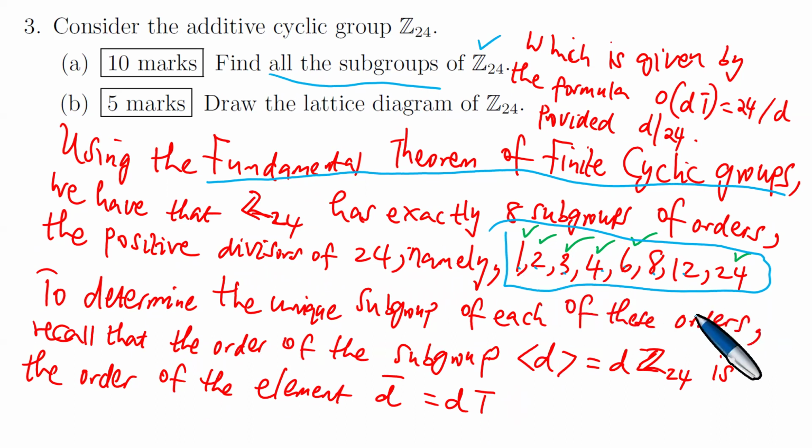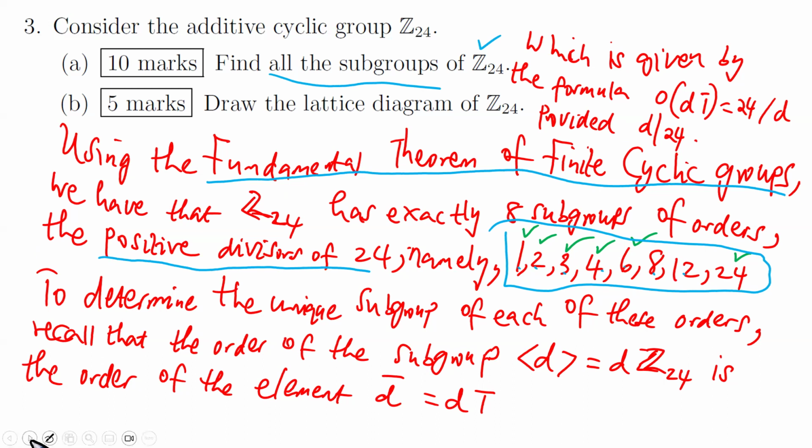This list of numbers is the list of the positive divisors of 24, namely these. So we actually wrote the positive divisors of 24. And for every positive divisor, we have a subgroup of Z24.